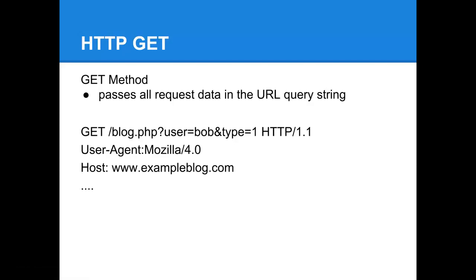Here's HTTP GET. This is an example of a client request, and it is known as the method that passes all the request data in the URL query string. And so the first line of a GET packet will be get the resource at the URL, so just /blog.php, and then it's going to define user as Bob, type as 1, and say that it is HTTP version 1.1.